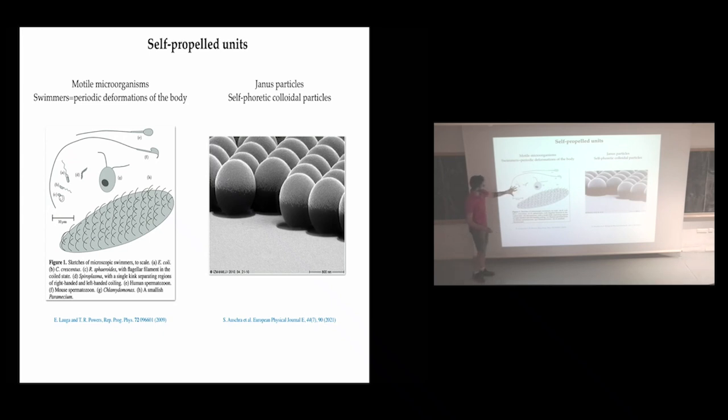These are swimmers in the sense that they are able to transduce some chemical energy into directed motion, and they do that because they perform some periodic deformation of their body. They can have some cilia or flagella that they move periodically, so they can beat them, in such a way that at the end of these revolutions of these appendages, they essentially displace in the aqueous environment, in the fluid in which they are.